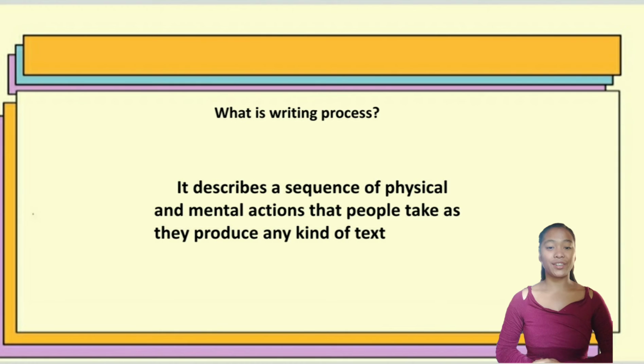We already heard about our main topic, which is the writing process. So what is the writing process? The writing process describes a sequence of physical and mental actions that people take as they produce any kind of text. So, when we say writing, it's all about exercising our critical thinking.